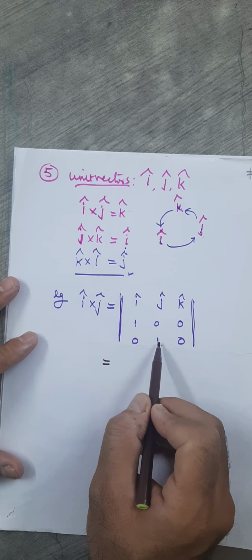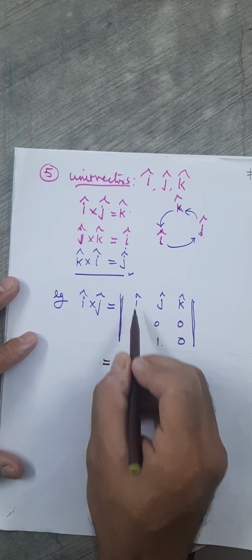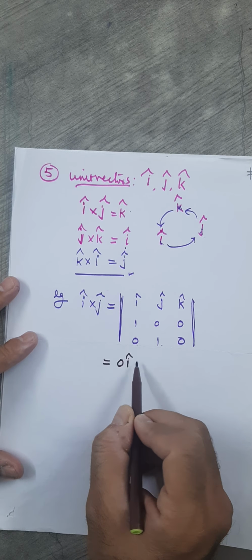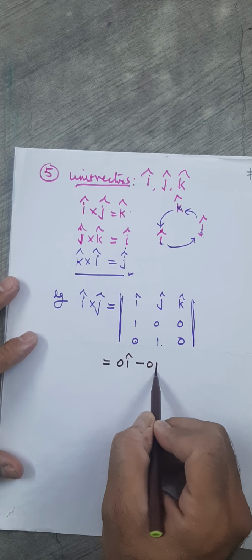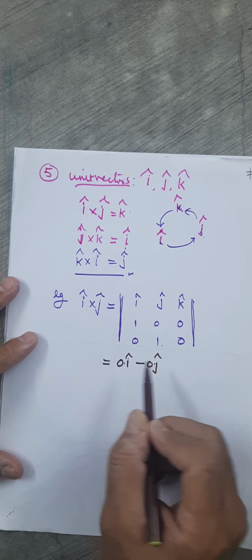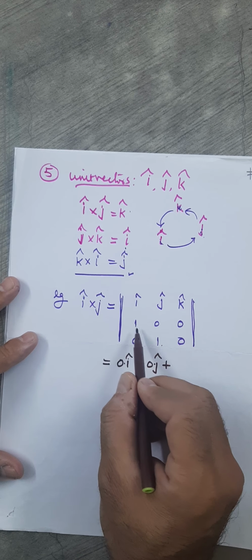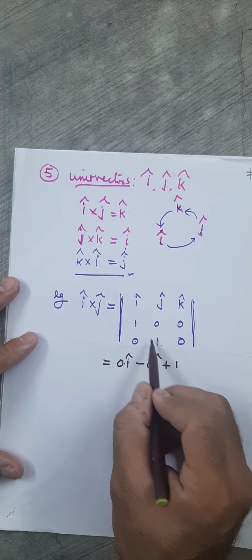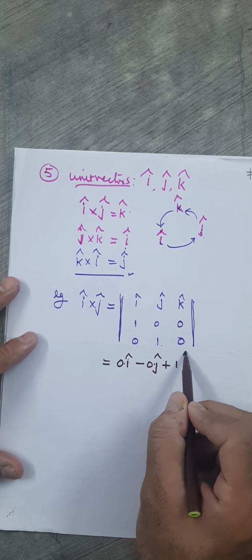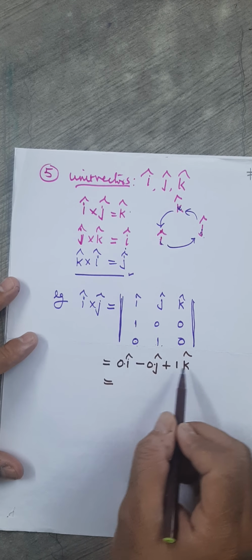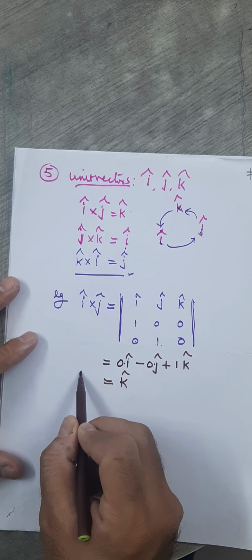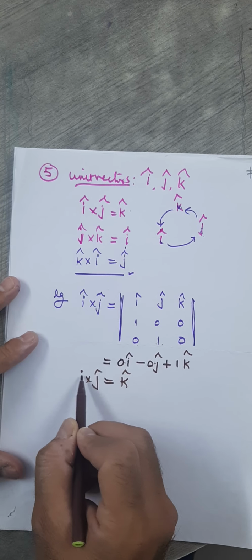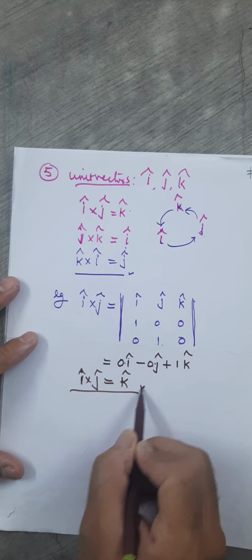So 0 minus 0, so 0 into i cap. Minus now 0 minus 0 into j cap. Plus now 1 minus 0, 1 into k cap. So what am I getting here? 0, 0 and k cap. So just k cap. So i cross j here, it will be k cap.